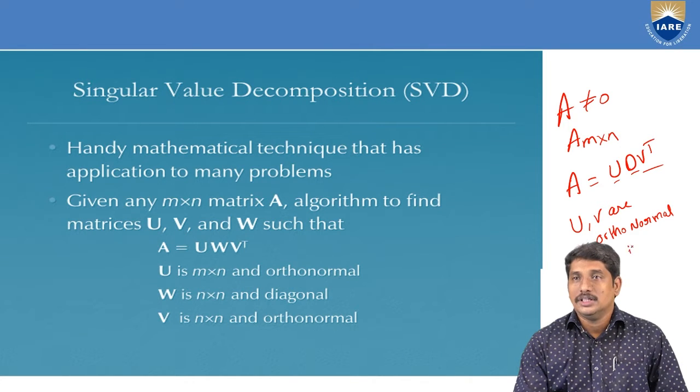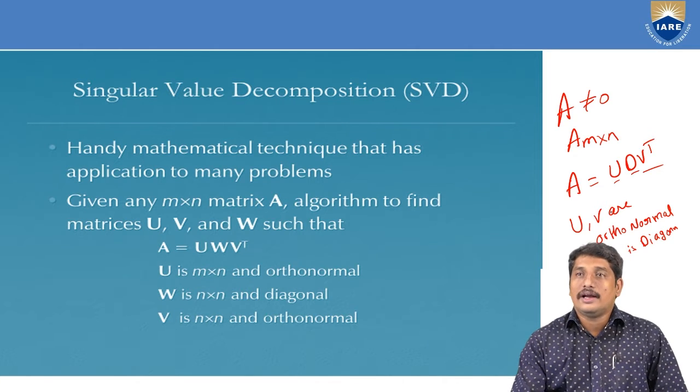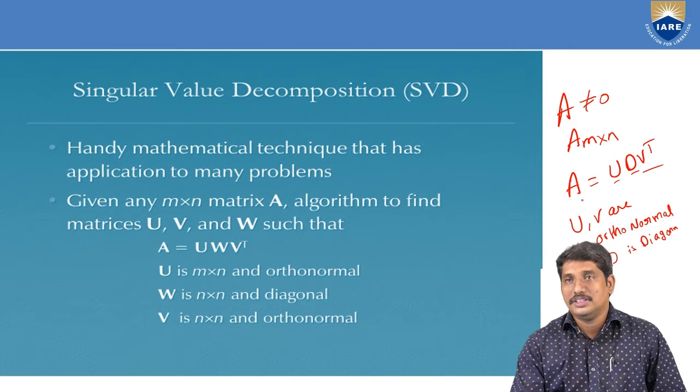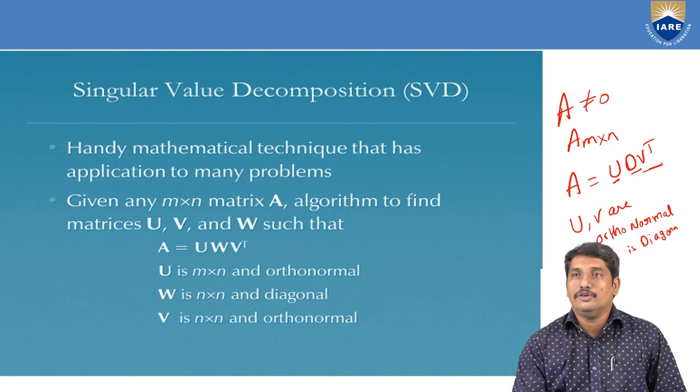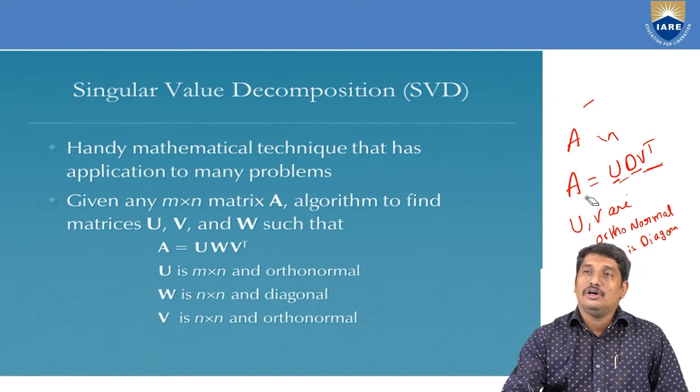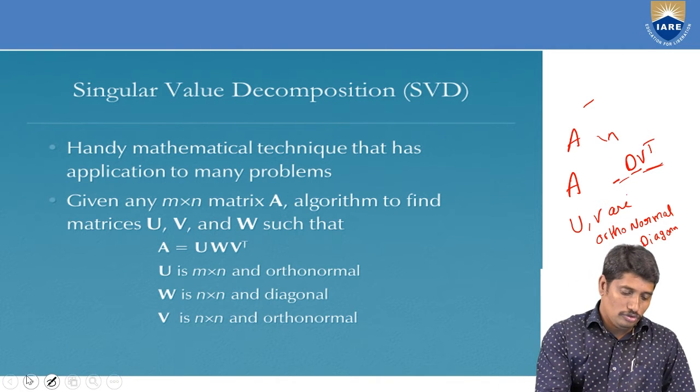This kind of decomposition of the matrix A is called singular value decomposition. Let us look into the meaning of these orthonormal matrices.